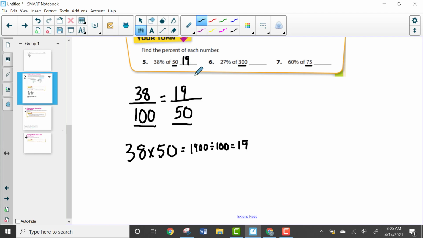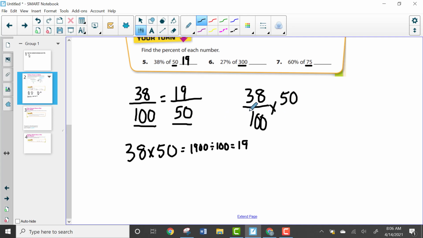Another way to figure this problem out is to multiply 38% times 50. Whenever we see that word of, that means multiplication. So a way of doing this would be 38 over 100 times 50. That would give you 19.